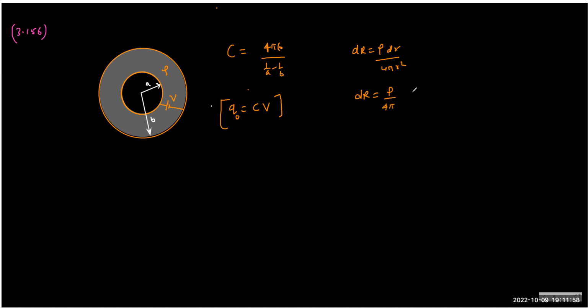From A to B, the answer is rho by 4 pi into 1 by A minus 1 by B. So what is the RC value? So RC will be rho epsilon. That's the formula.